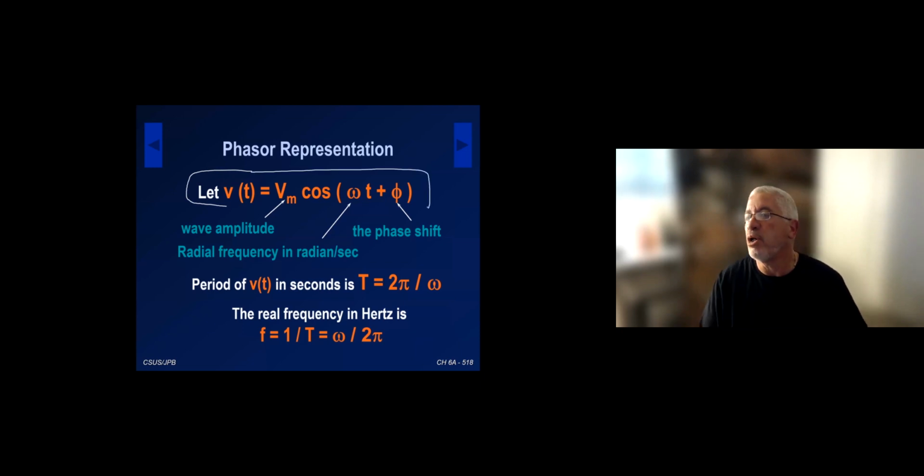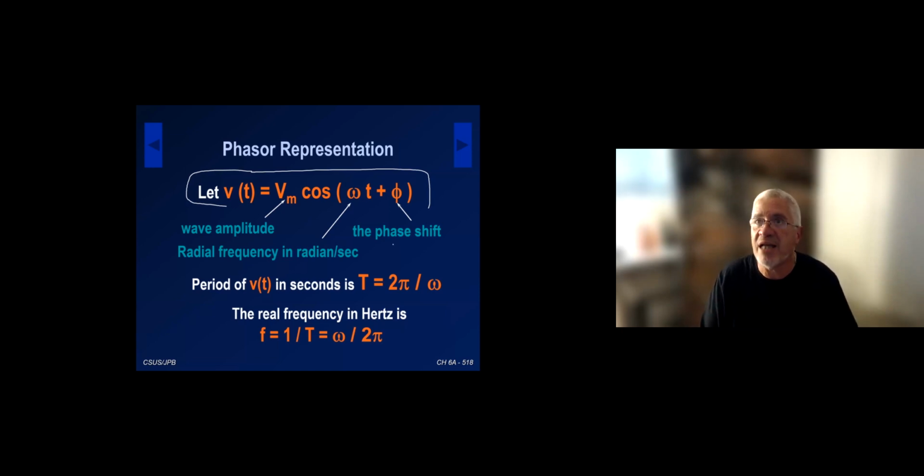In other words, all the independent current and voltage sources will be of sinusoidal form with a particular wave amplitude. In this case, I'm showing you a voltage function, but it could also be a current function. It has a radial frequency in radians per second, that's omega here, and some phase shift. So this is as general as it gets.